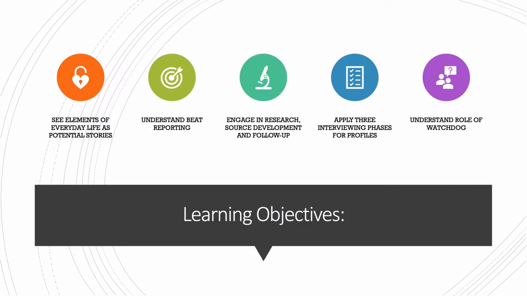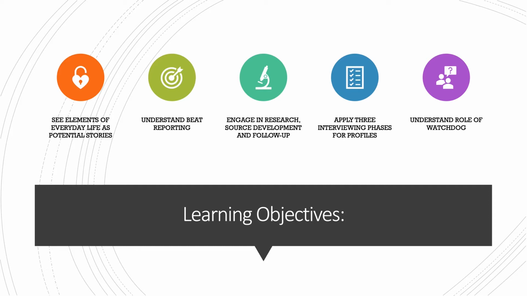All right, some objectives today. You're going to see some elements of everyday life as potential stories, kind of what I was just mentioning. You're going to understand what beat reporting is. Beat reporting is focusing on certain aspects of a subject and becoming an expert on that, and we'll get deeper into the definition. Engaging in research, source development, follow-up.